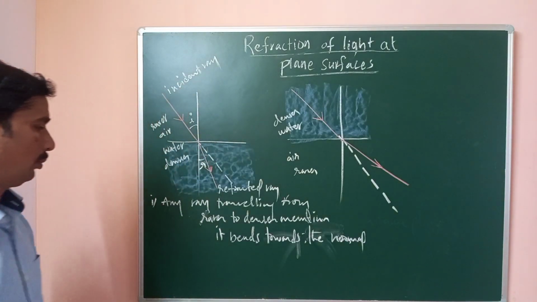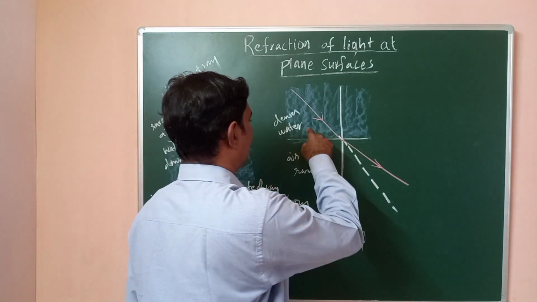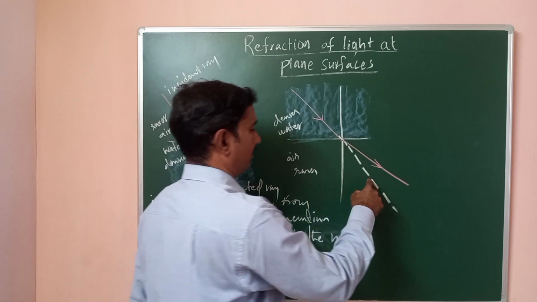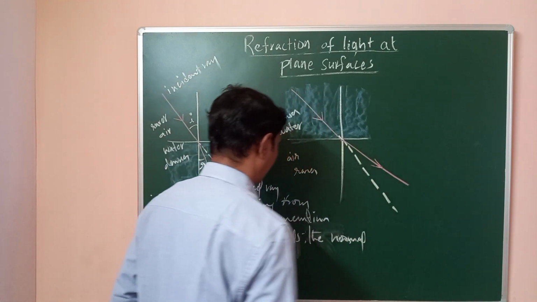Towards the normal. Now here, any ray going from denser medium to rarer medium will bend away from the normal. That's what we need to understand.